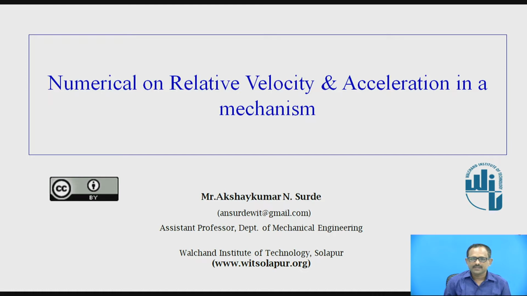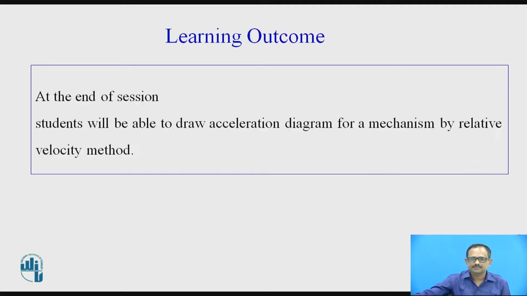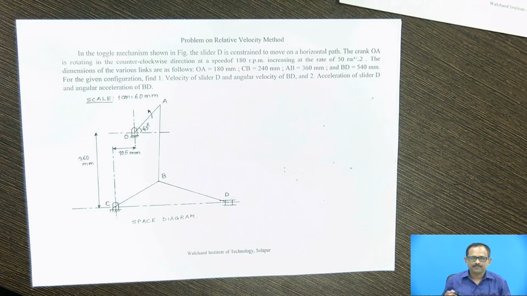Today, we are going to solve the numerical on relative velocity and acceleration in a mechanism. Learning outcome: at the end of the session, the student will be able to draw the acceleration diagram for a mechanism by the relative velocity method.